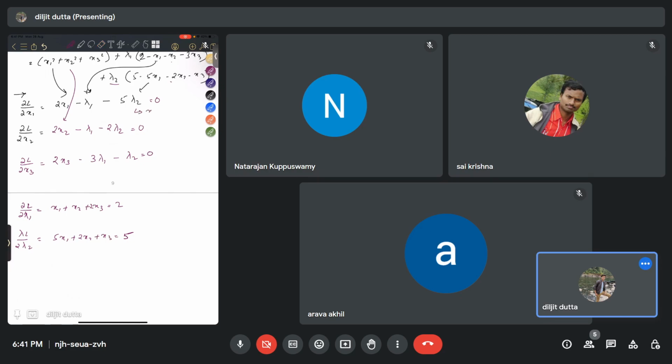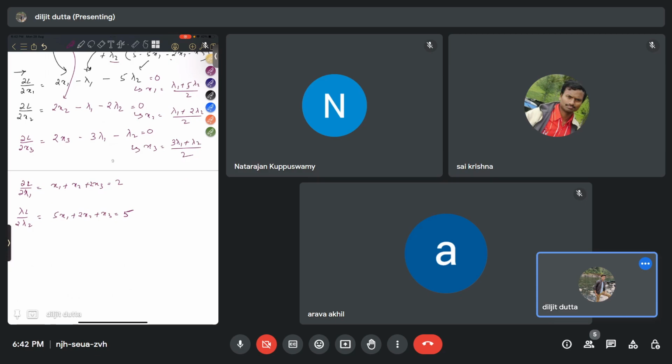From here x1 is equal to lambda 1 plus 5 lambda 2 divided by 2, x2 is equal to lambda 1 plus 2 lambda 2 by 2, and x3 is equal to 3 lambda 1 plus lambda 2 divided by 2. So we have got x1, x2, x3 in terms of lambda 1, lambda 2. We'll substitute in these two equations.